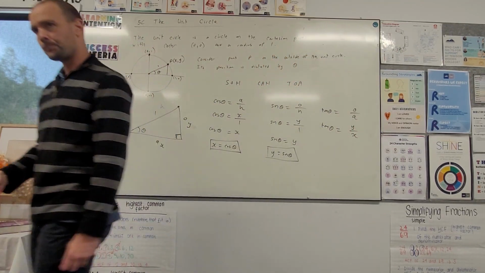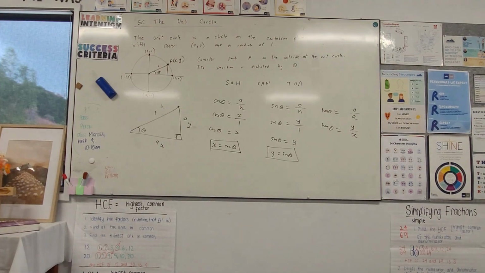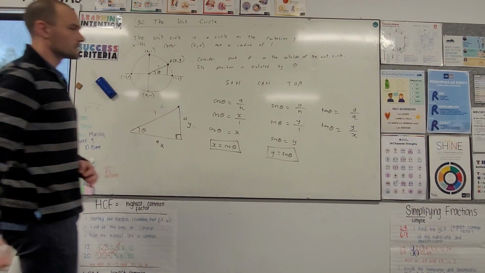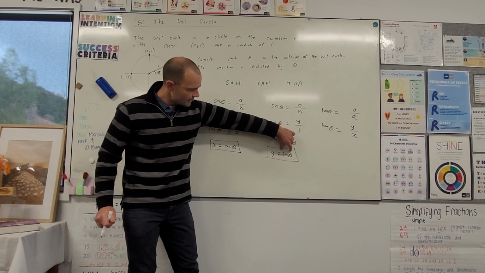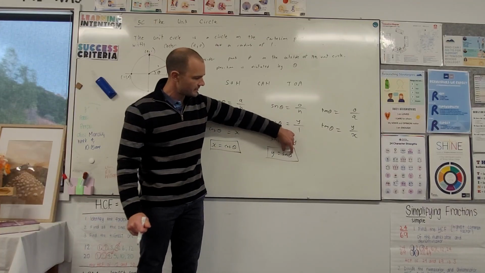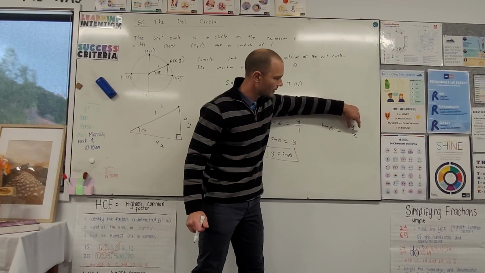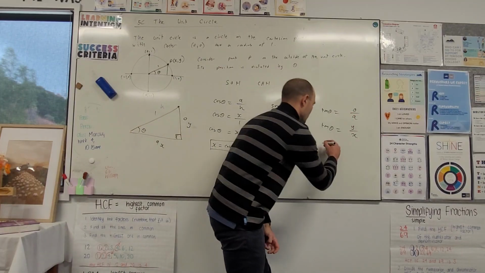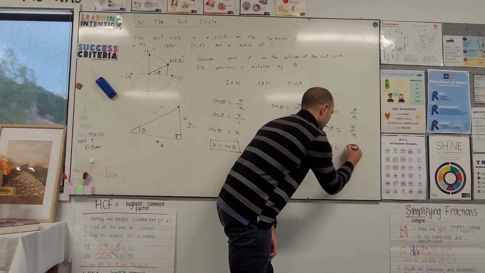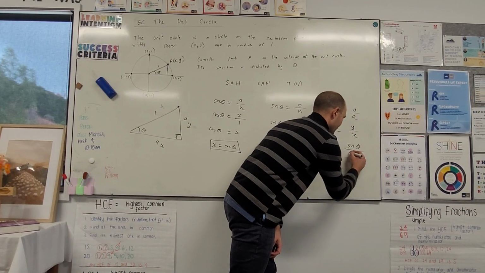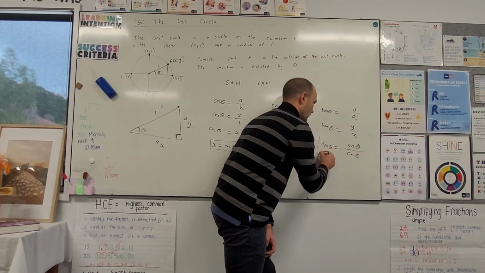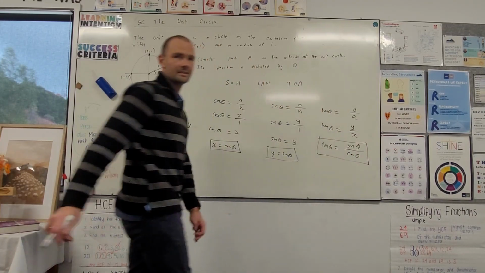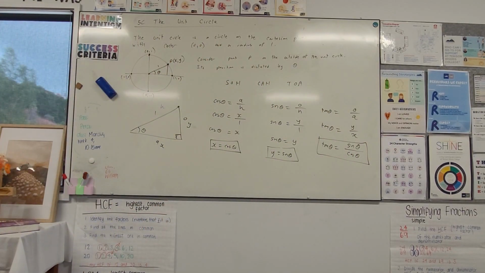Very good. Now here we have the definition of tan, because y is equal to sine theta, so we plug that there, and x is equal to cos theta. So tan theta is equal to sine theta divided by cos theta. It's an important definition. That's what tan theta is.